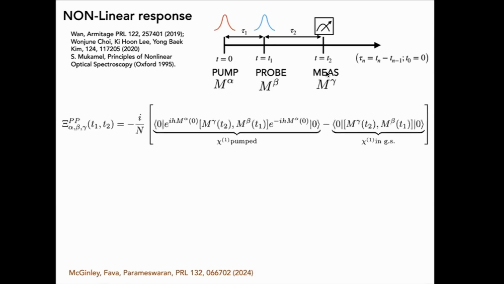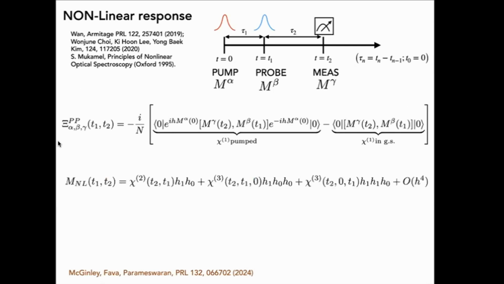Again, not to go into details, you're starting in the ground state, pumping it to some state e to the i h magnetization, and then you are measuring in the pumped state. Now you do basically a linear response measurement, so that's this correlator of two magnetizations, and then you come back. From that, we subtract out the linear response to get the pumped response.